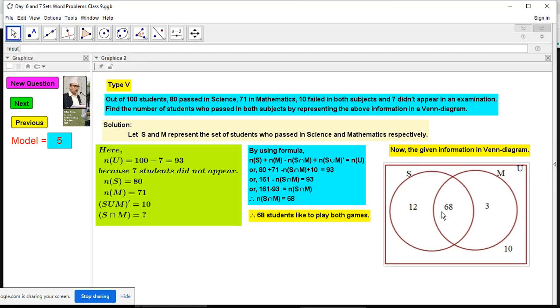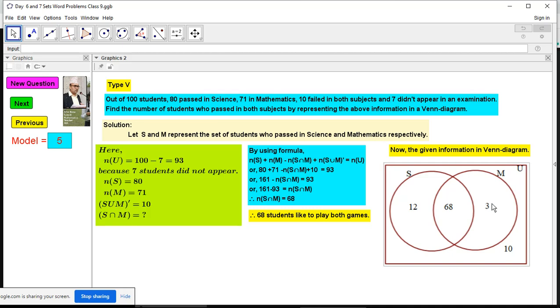Now, the information in the Venn diagram. The intersection part is 68, and out of 80, 68 are in the intersection, so 12 is the remaining, only S. And out of 71, 3 students remain in only mathematics.